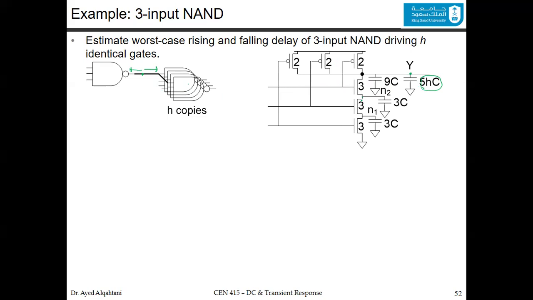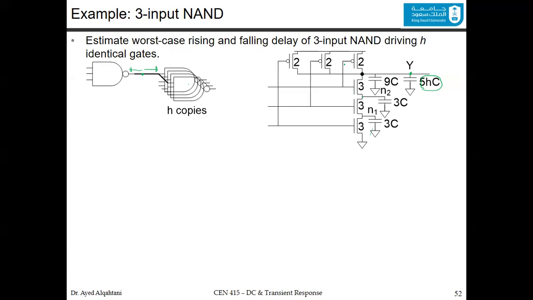Now we put the problem all together in one design. Now, let's try to find the worst case rising and the worst case falling delay of this circuit. So this is the point of interest, the Y. And you will say, okay, let me start with the rising. You are rising.